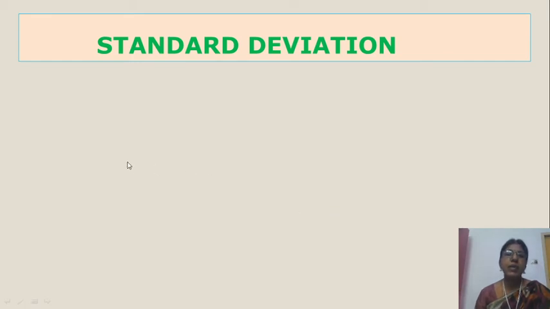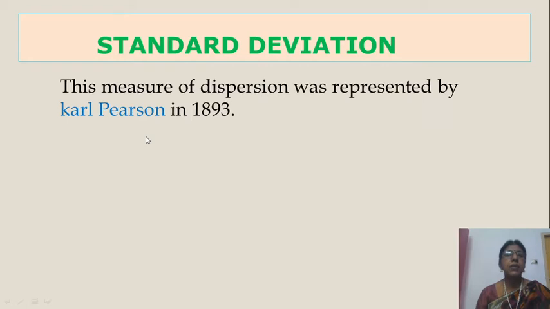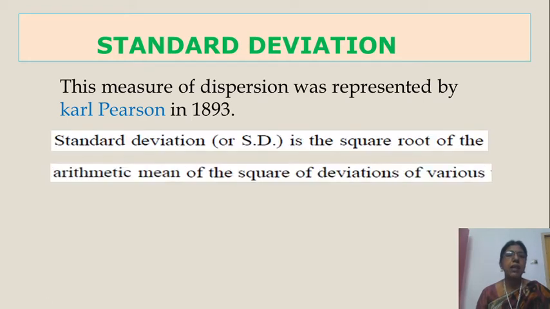Our next topic is SD, standard deviation. It is denoted by the sigma symbol. Here we see some words about the standard deviation. This measure of dispersion was introduced by Karl Pearson in 1893.